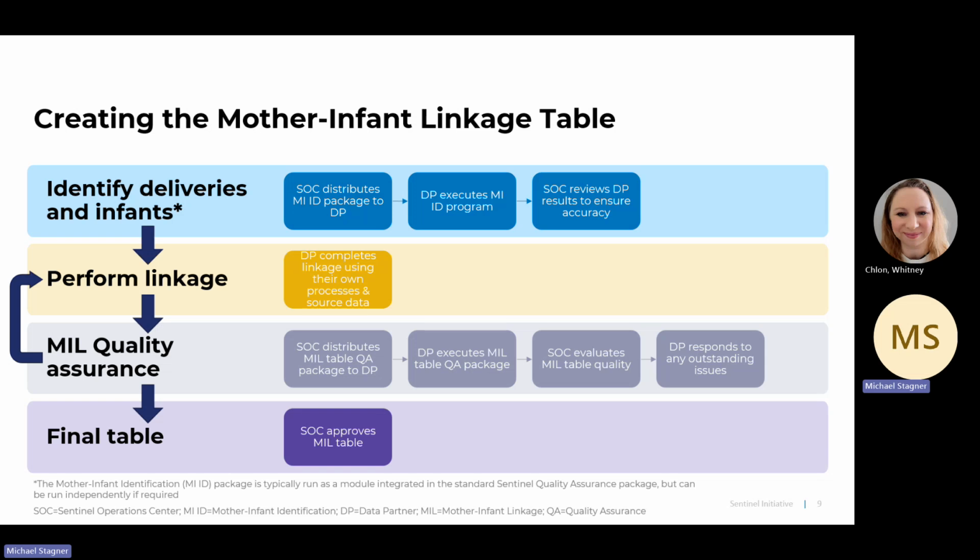Once you've determined the beneficiaries eligible for linkage, finding out how you can pair those beneficiaries up, checking for quality assurance on the back end, making sure that what you're seeing after linkage has been performed actually makes sense, and then outputting the final table, which can be queried for analysis in concert with the other SCDM tables available.